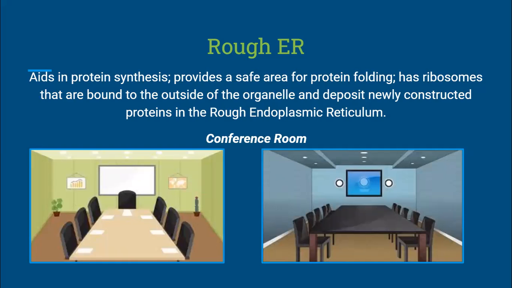The rough ER is similar to a conference room because most of the proteins are made in the rough endoplasmic reticulum. Ribosomes that make proteins that are bound to the rough ER are able to be exported and used outside of the cell, instead of free-floating proteins, which are only able to be made and function in the cells that they are made in.